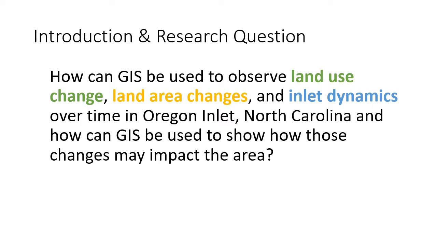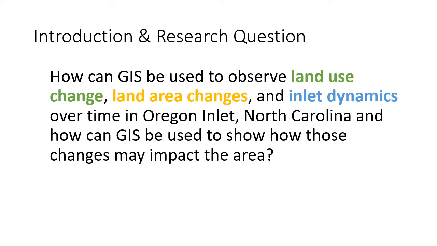So my research question was this: how can GIS be used to observe land use change, land area changes, and inlet dynamics over time in Oregon Inlet, North Carolina? And how can GIS be used to show how those changes may impact the area? I chose this topic because I'm curious about finding a balance between human infrastructure and environmental geography and human environmental interaction in coastal areas that are very dynamic.